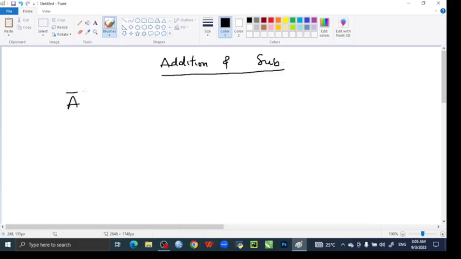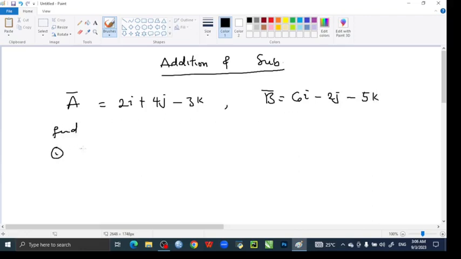Let's have a vector A giving us 2i plus 4j minus 3k, and another vector B giving us 6i minus 2j minus 5k. You're asked to find A plus B, and also to find B minus A. Just like your basics.